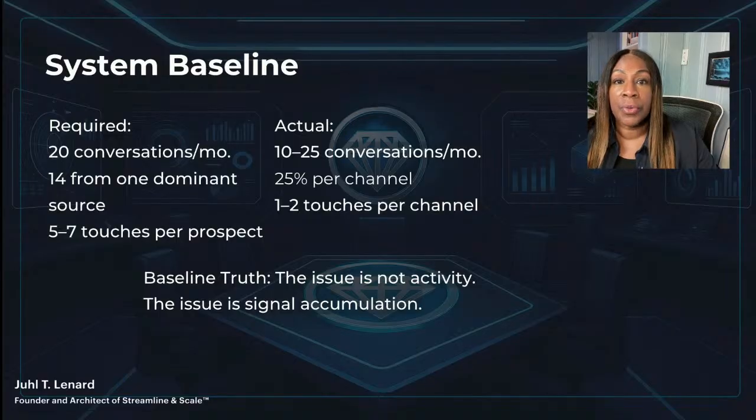So we're only generating about 1 to 2 touches with a prospect per channel. So the issue is not activity. You can see the activity is consistent. And in fact, the actual is more activity. The issue is the signal is not accumulating.